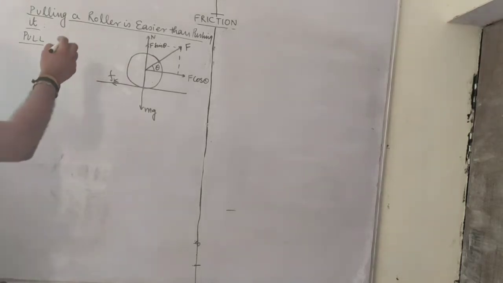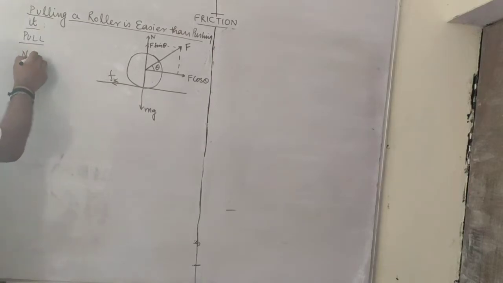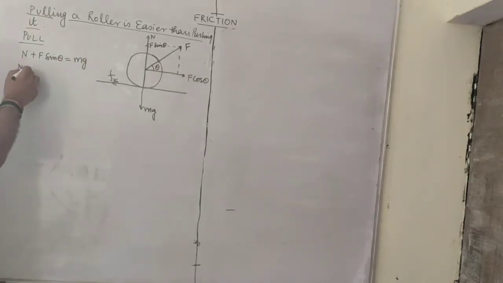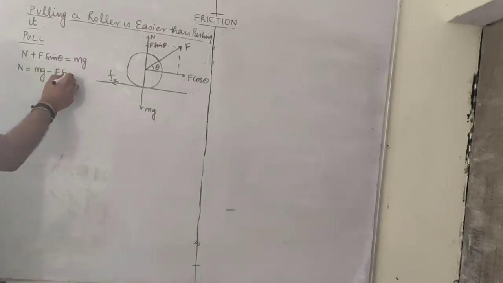Now you can see from the diagram, normal reaction plus the vertical component, that is F sin theta, acting along the same direction, is balanced by mg. So here N is equal to mg minus F sin theta.